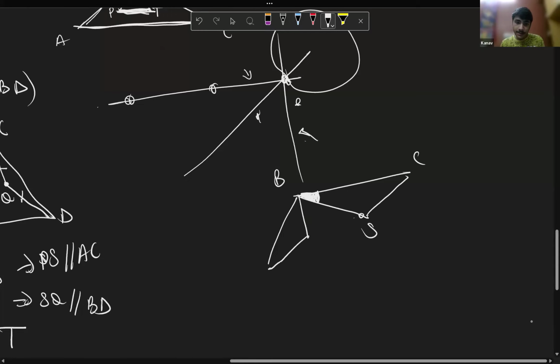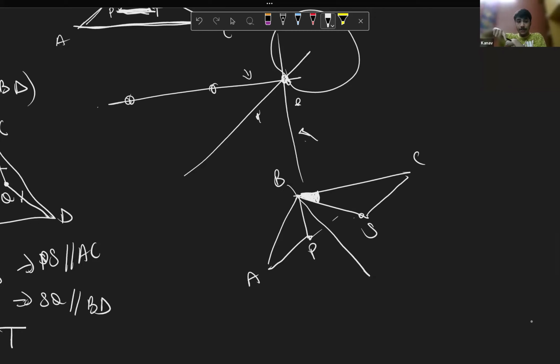Or a different way to state this: if we know the existence of a point P, we can just reflect P about the perpendicular bisector of AC, because that's what we proved by the congruence. If S exists, it must be that. And if we can find S from PS parallel to AC, then S must satisfy the property. So S must exist. Right? Yes, okay. Great.